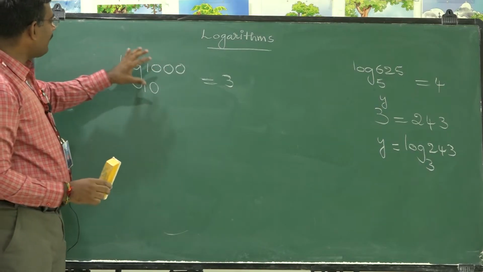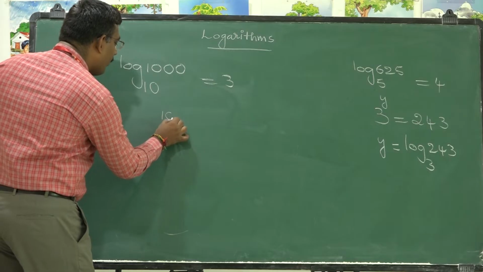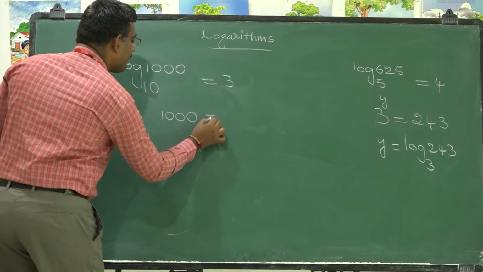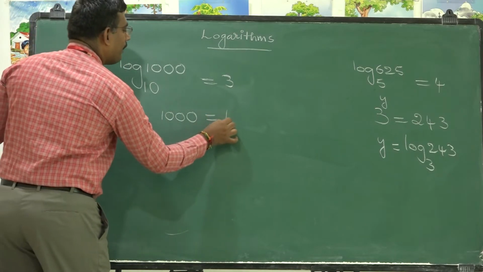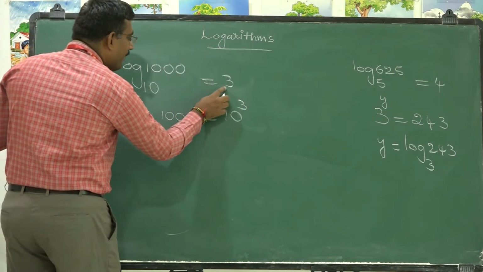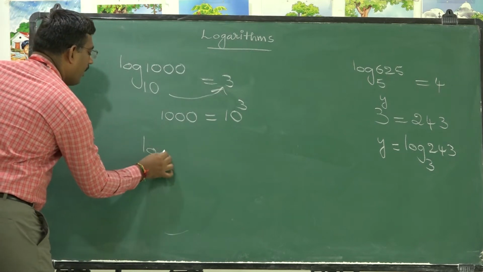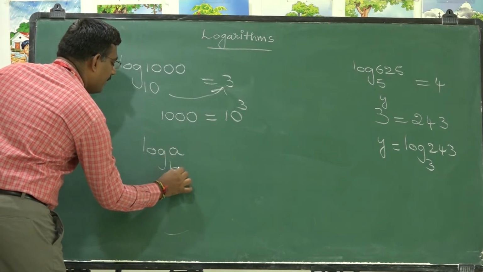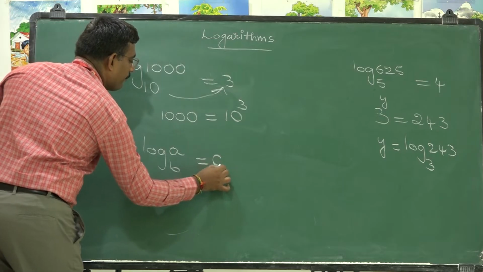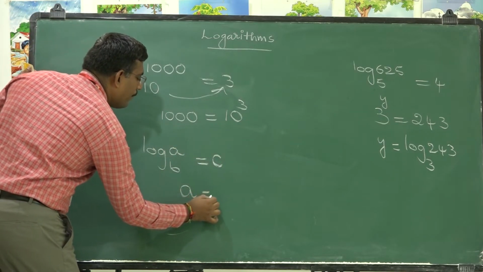Now we convert this logarithmic form into exponent form. 1000, the number, is equal to 10 power 3. Just write the base of log as the base. For example, log a base b is equal to c, then a is equal to b power c.